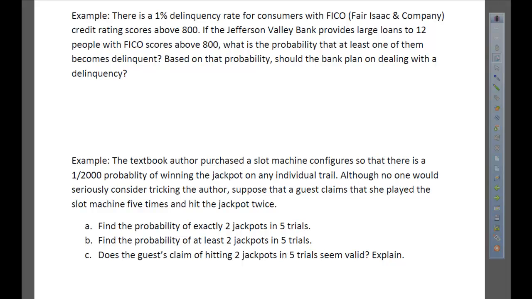All right, this relates to how many people? 12 people. Okay, very good. What else? 2 outcomes. They're what? Delinquent or not delinquent. Okay, those are the 2 outcomes. And then the trials are independent. Okay, so this meets the 4 requirements of the binomial.